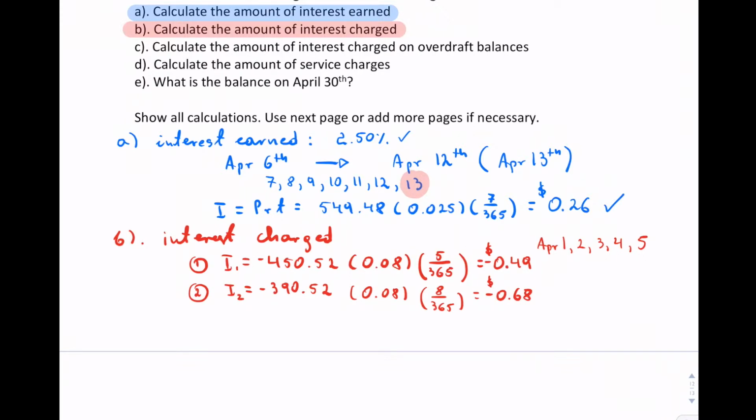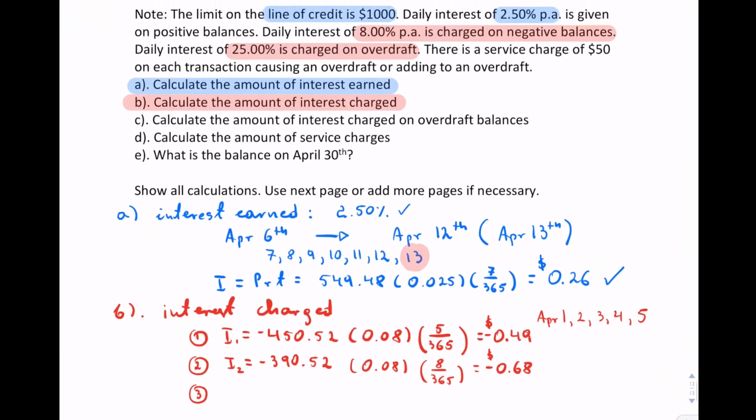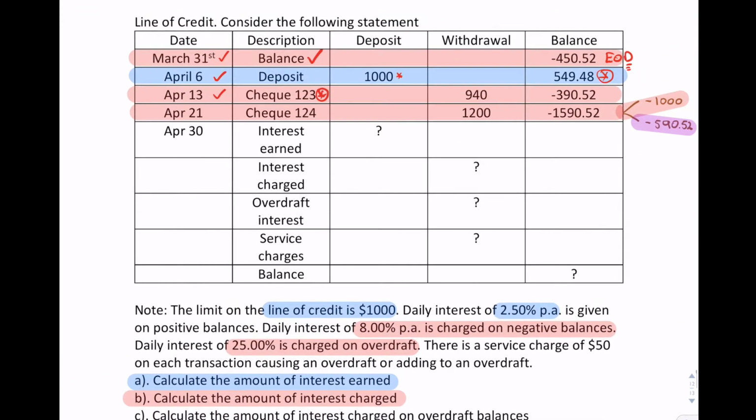All right. Now, number 3, so if I scroll up here, that is this 1,000. Now, how long does that go? Well, it's April 21st.